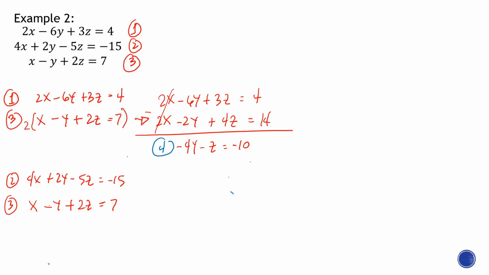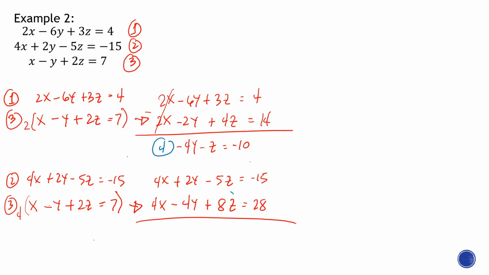That's right. We will multiply the third equation by 4. So this will be 4x minus 4y plus 8z, and then this will be 28. Then I will rewrite the first equation. And what are we going to do here? Are we going to add or subtract? That is right, we will subtract. So that will be 0. 2 minus negative 4, what is that?